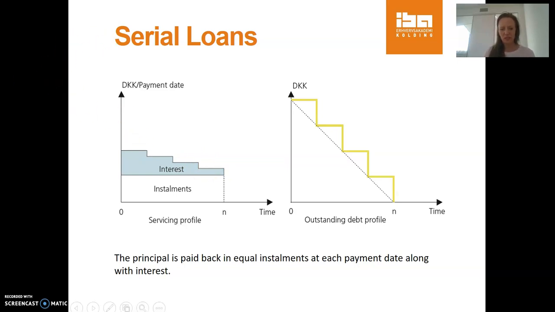As the total installment is both the actual repayment of the loan and the interest, the payment that you make every term will be different. And the remaining debt profile will look like this, like small stairs. You will cut off the same amount of your principal every time you make a payment.